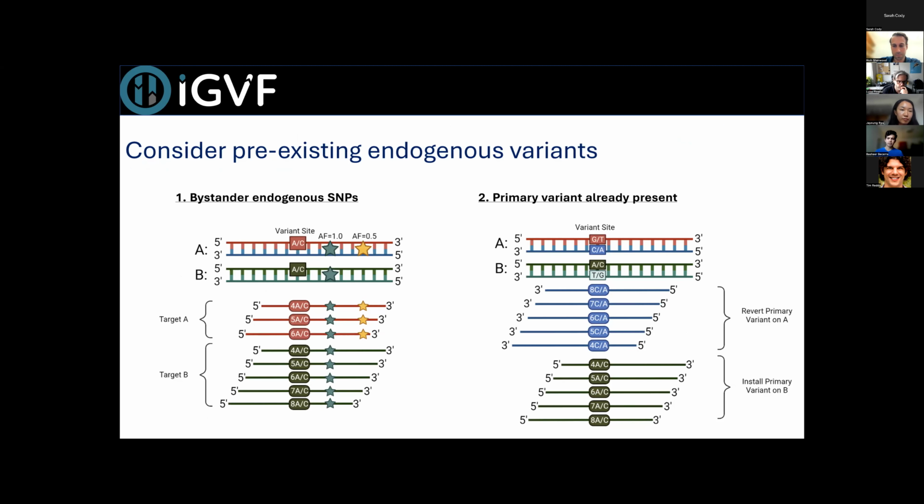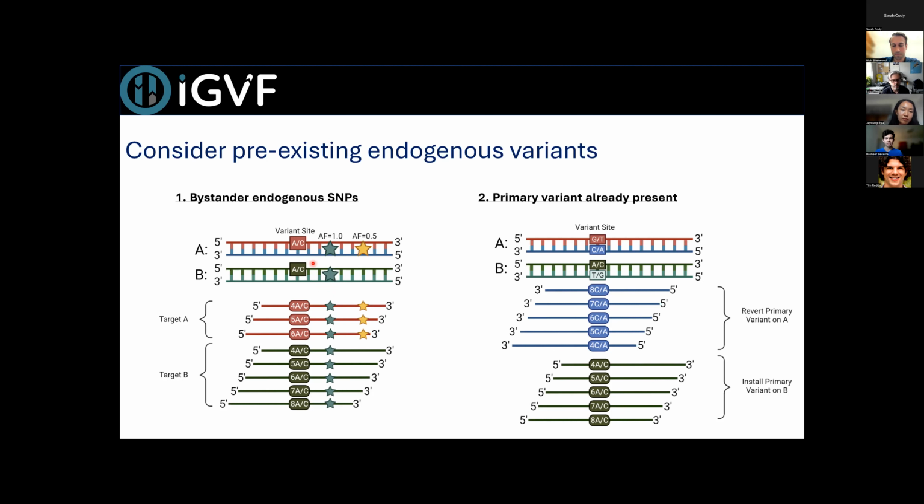Another consideration of guide design is if there are any endogenous variants within the cell line of study, in which a phased VCF file would be helpful to inform design. So there are 2 scenarios to address. First is if there are variants neighboring the target site. For instance, in the schematic, we have, say, homozygous and heterozygous variants neighboring the target variant site.